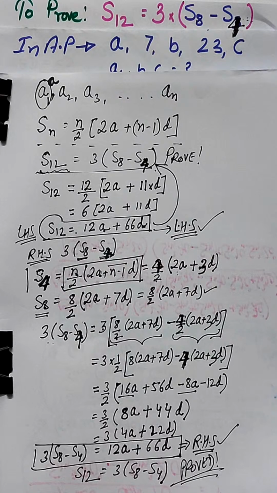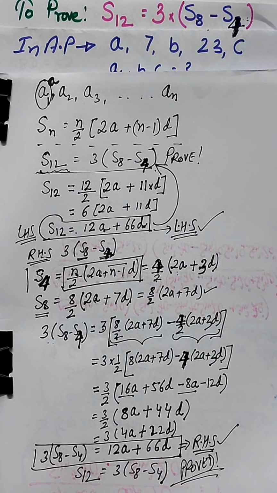Similarly, the RHS, that is 3 times S8 minus S4, is also coming in the form of A and D. A and D are acting as variables to us. A is the first term of the AP, D is the common difference. Don't go into the calculations. You are getting LHS S12 in the form of A and D, and the RHS is also in the form of A and D.